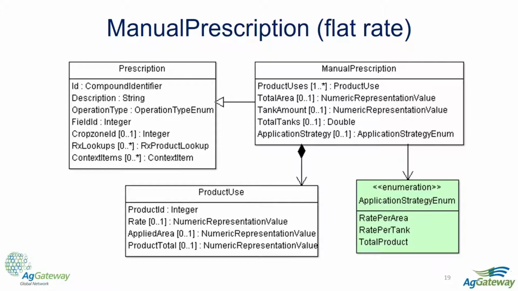Only to point out that you can't come up with the total area for a manual prescription by adding up the applied areas of the product use, because that's not really the purpose of the applied area inside of product use. For instance, you may be recording that you seeded half the field with variety A and then half the field with variety B, right?